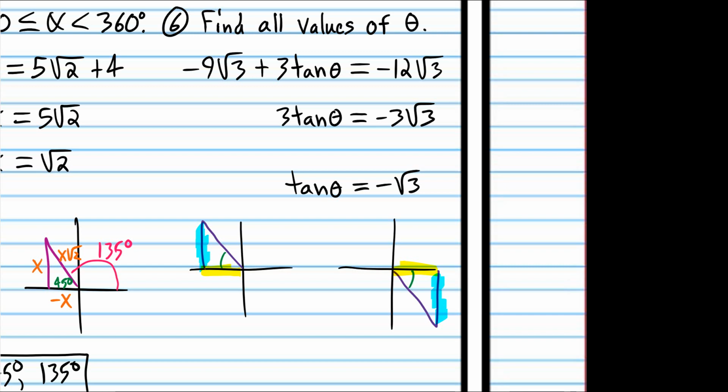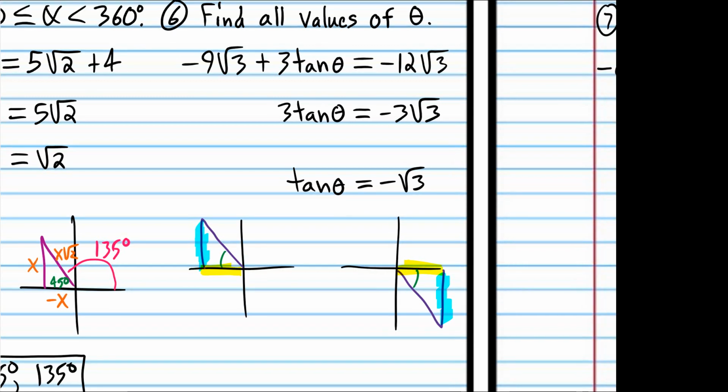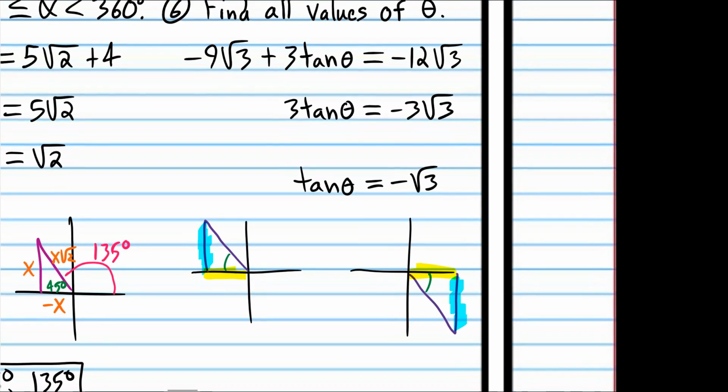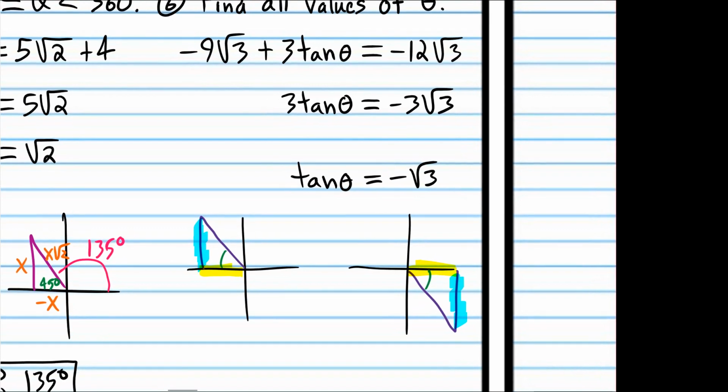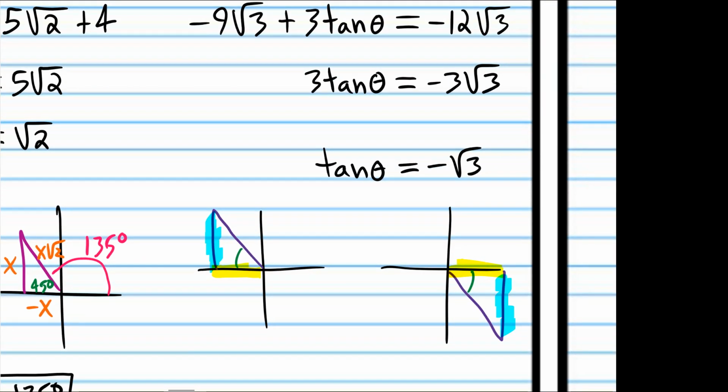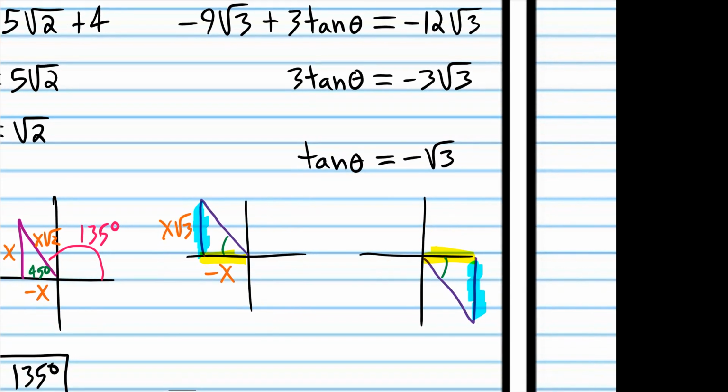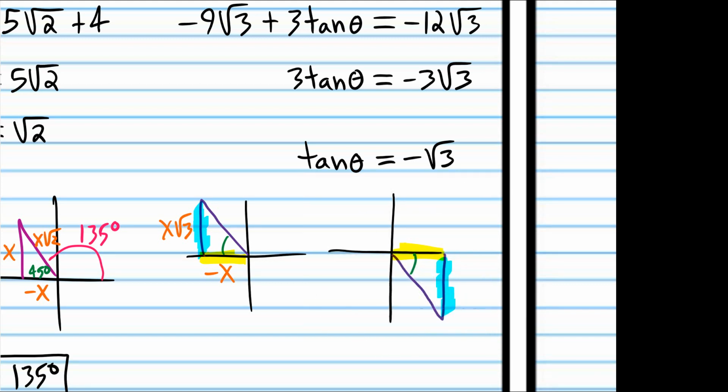So in the second and the fourth quadrants you get a negative number. So first, let's draw our relative sides. The opposite side is x root 3 and the adjacent must be negative x in this case. And over here the opposite blue side is going to be negative x root 3, and this side is going to be positive x.